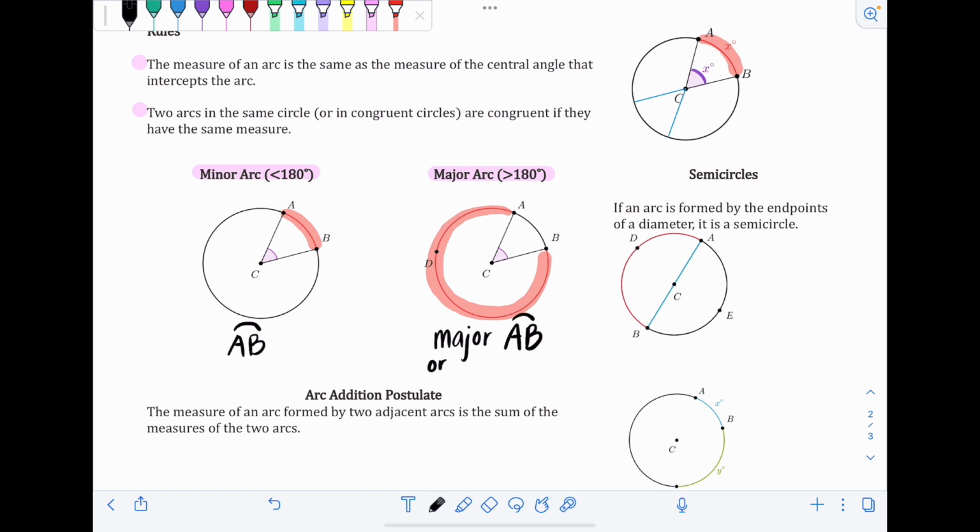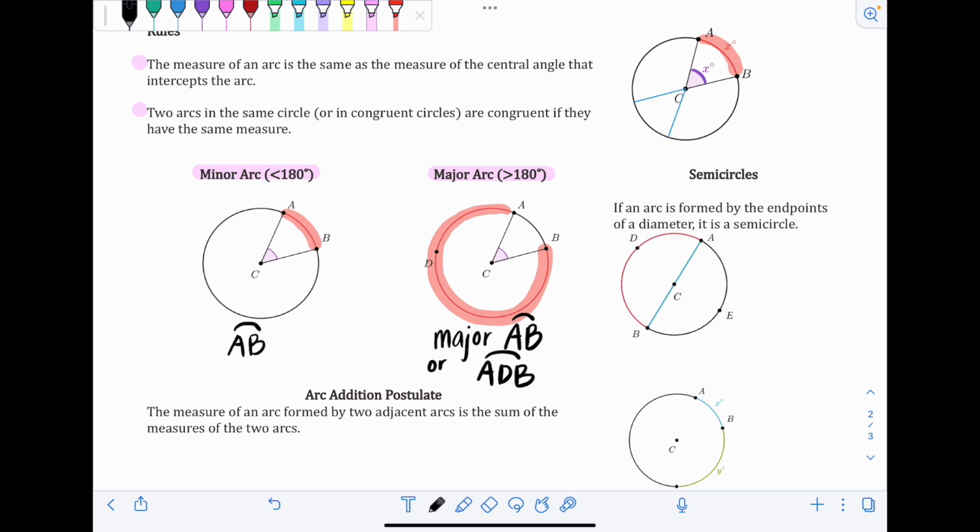Or if there's an additional point, like this one has point D, you can include that. So you wouldn't have to put major, you would say arc ADB, and because it includes D in it, that shows that it's going that direction, so you do not need to put the word major on it.